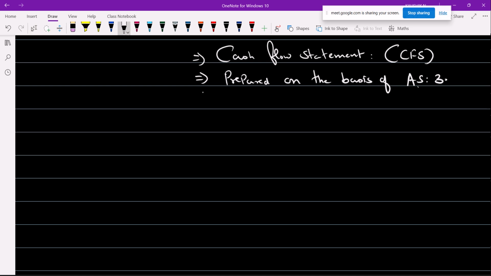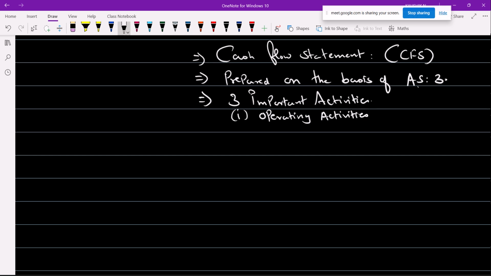And remember, in this cash flow statement, we have basically three important activities, namely, number one, operating activity. Number two, investing activity.